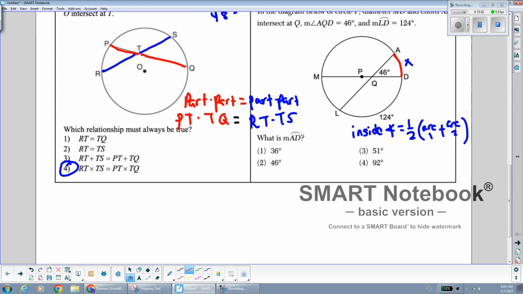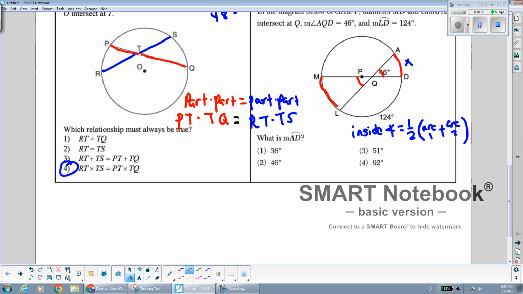So since we are using this arc and we have this set of vertical angles, this is the other arc that we need because the other vertical angle opens up to this arc. But unfortunately, we have the 124. So in order to do this, I'm going to need to find what arc ML is.